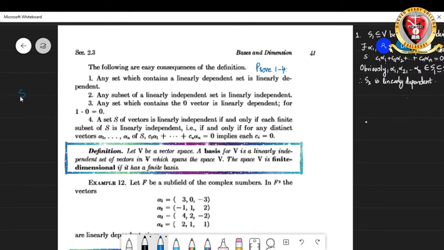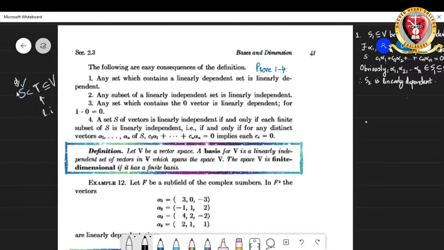Suppose S is a subset of T, which is a subset of the vector space V. We assume that T is linearly independent, and then we have to say that S is also linearly independent.